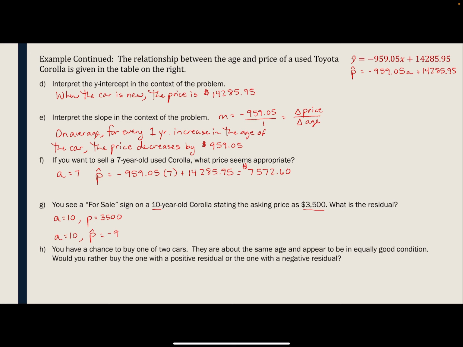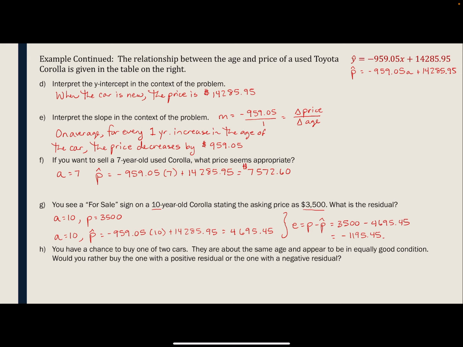We plug into the model and get 4695.45. The residual, remember, is always the observed minus the predicted, so it's 3,500 minus 4695.45, which gives us negative 1195.45. It didn't ask us to interpret this residual, so I'm just stopping here.